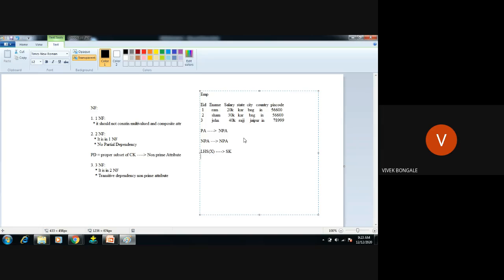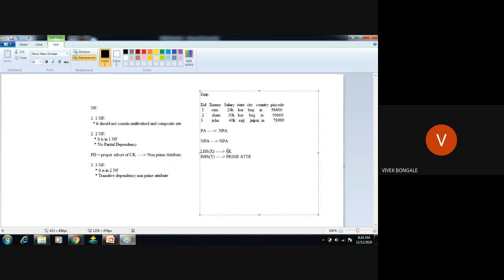Second condition: if this is not satisfied, meaning the left hand side attribute is not a super key, then we have to check the right hand side attribute, RHS, that is Y. It should be a prime attribute. Either X should be a super key or Y should be a prime attribute. If either of these conditions is satisfied, then the table is not violating the third normal form.